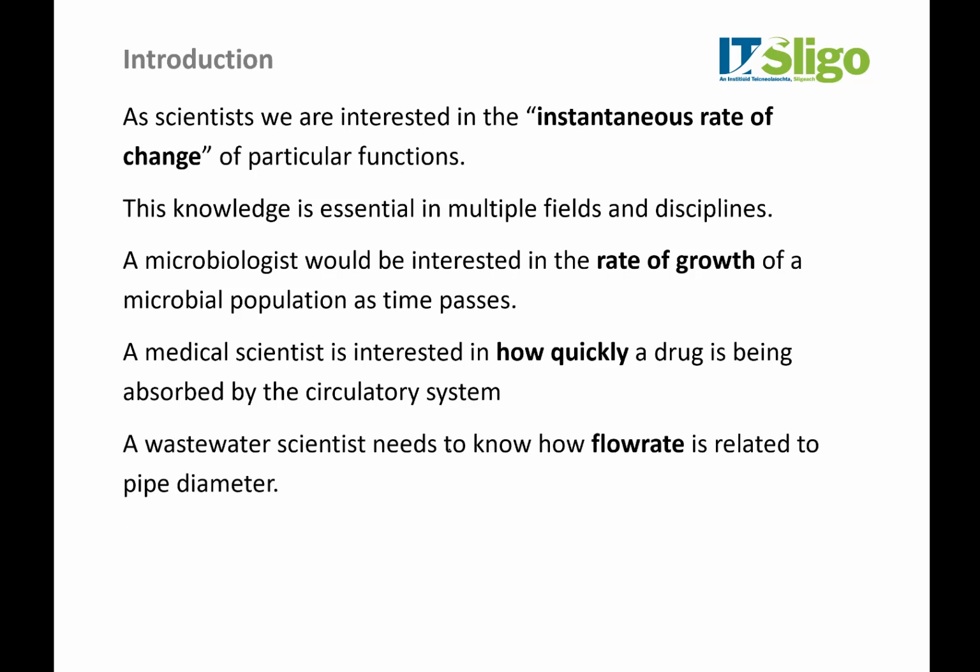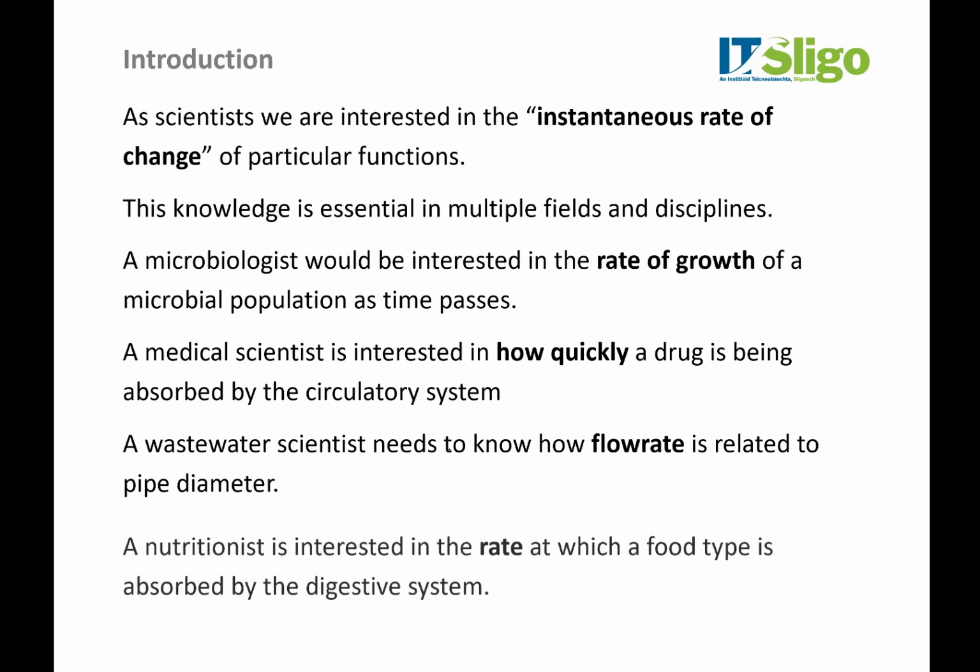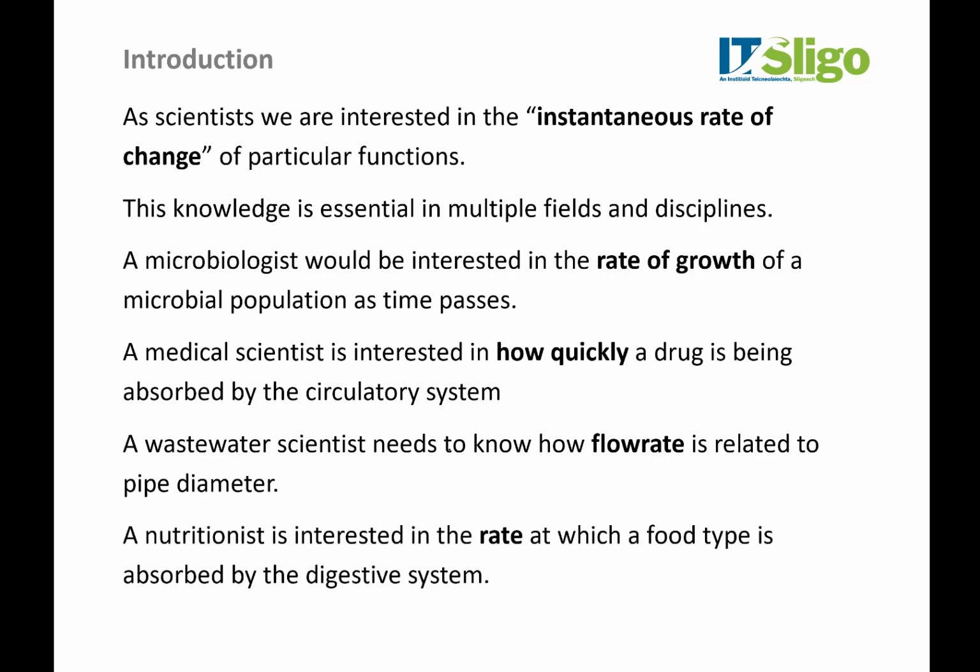A wastewater scientist needs to know how flow rate is related to pipe diameter. And nutritionists are often interested in the rate at which a food type is absorbed by the digestive system. So anytime we come across these words, rate or how quickly, as soon as you see the words rate of change, you can be fairly sure that derivatives are going to lie at the heart of our analysis.